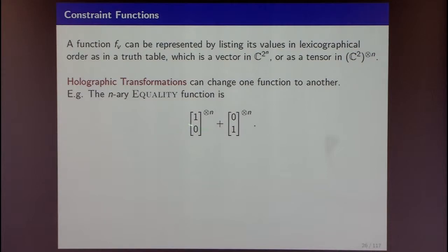You have this expression, for example, the function where you have 2 to the n entries, where this thing, when you expand out, becomes 1, 0, 0, 0, 0, 0, 0 of 2 to the n long, plus 0, 0, 0, 0, 0, 0, 0, 1 of 2 to the n long. And when you add them up, it has only 2 non-zeros at the very beginning and very end. And they are indexed by the index of 0, 0, 0, 0, 0, 0, 0 and 1, 1, 1, 1, 1, 1, 1, and everywhere else is 0.